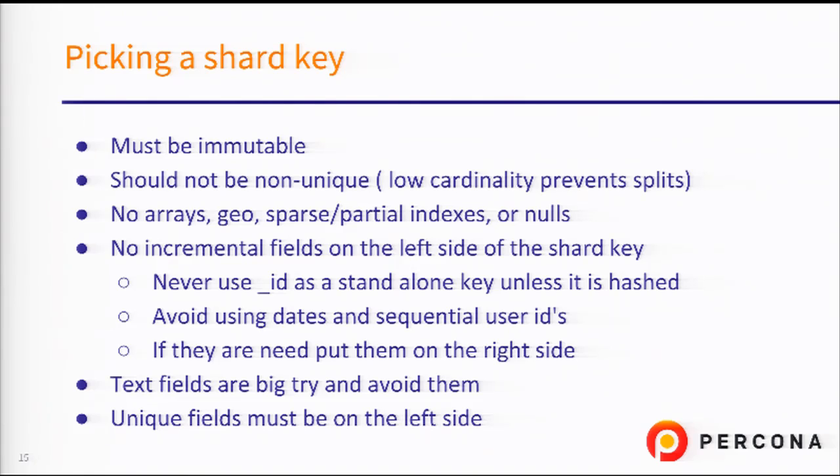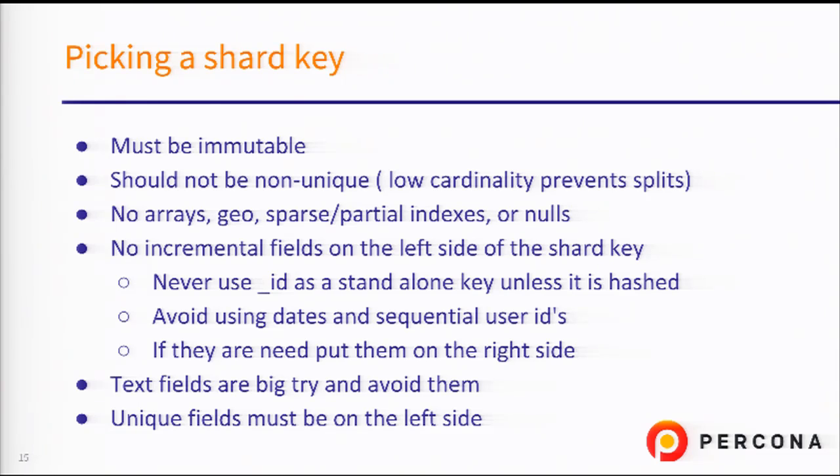The other thing is you should not be using fully non-unique values, because if you have, say, a boolean and you want to put that in your shard key, you might have 50 million documents that say this boolean is no, and without secondary fields in a compound index, you will not be able to split that data, and therefore the system will not be able to balance, and you've ruined half of the reason a lot of people are using Mongo, which is the balancing aspect and the HA aspects.